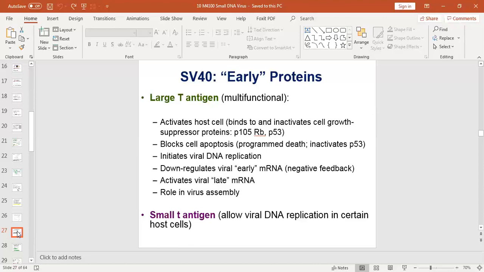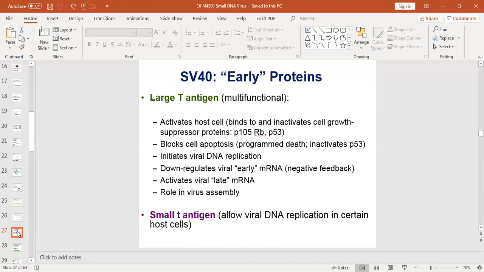Apoptosis is actually a very interesting program. We see it during immune regulation, during development, etc. And if we block apoptosis of the host cell, it means the virus has a place to set up shop and can grow, divide and replicate.